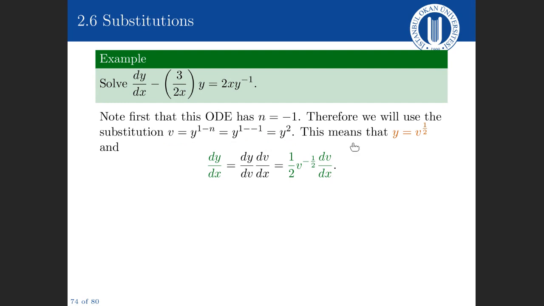Now, if v is equal to y squared, that's the same as saying that y is equal to the square root of v. And using the chain rule, that means dy/dx is dy/dv times dv/dx, or half v to the power minus a half dv/dx.